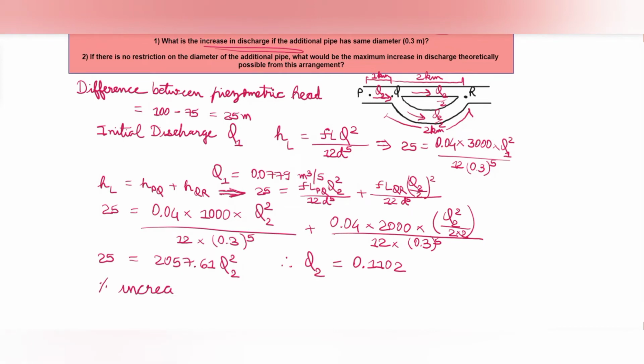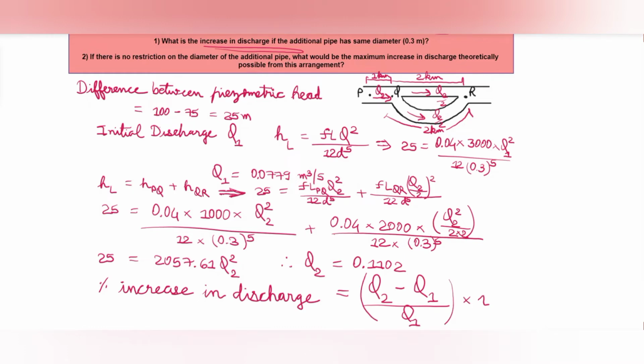Now we'll find the percentage increase in discharge, which will be equal to Q2 minus Q1 upon Q1 into 100. This is how we'll find the percentage increase in discharge.